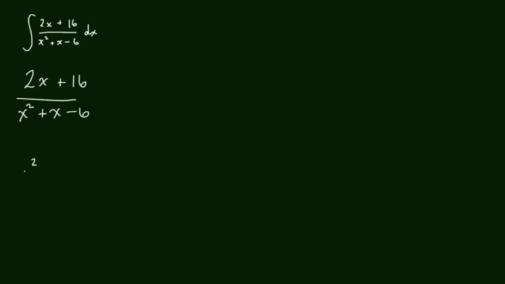Suppose I had 2/3 plus 4/5, and suppose I was trying to add those. Well, I would come up with a common denominator, which would be 15, and I would say 2 times 5 over 15 plus 4 times 3 over 15, and that would give me 10 plus 12 over 15, which is going to be 22 over 15.